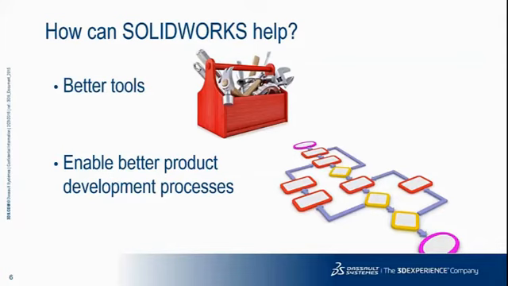And that's really what I want to talk about today. How can we help you improve your product development process with new tools that are available, or some of these older tools that people just don't know about that are available in SOLIDWORKS?